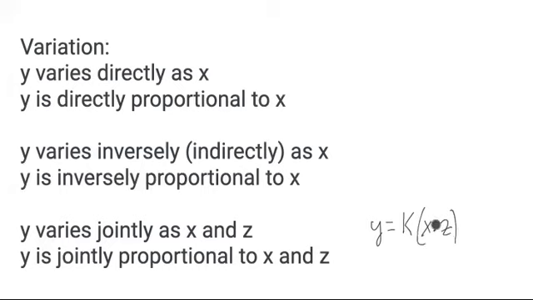That's all it means. And sometimes we see y is jointly proportional to x and z, which means the same thing. So when the product goes up, y will go up. As y goes up, the product goes up. That's all it means here.